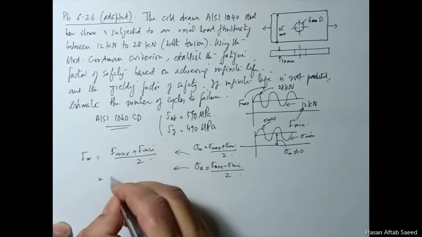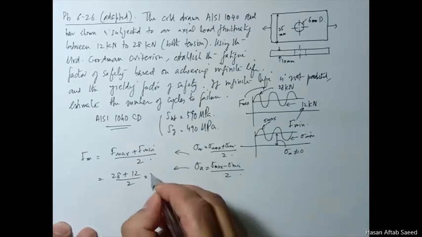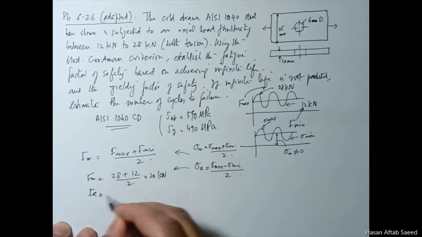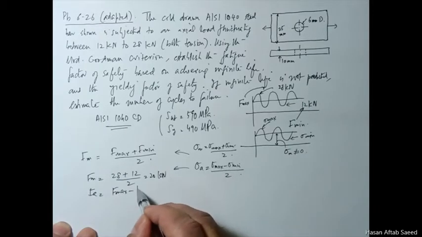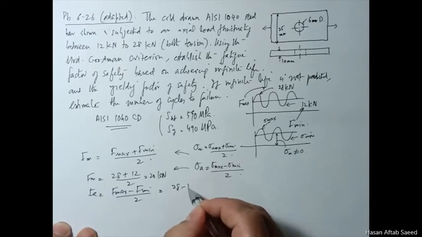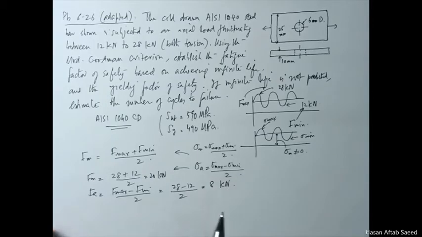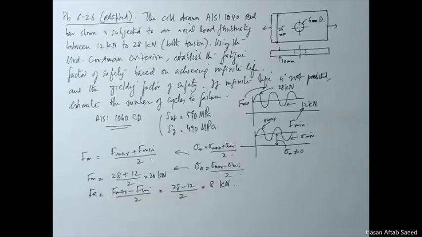Fm turns out to be 28 plus 12 over 2, which is equal to 20 kilonewton, and similarly Fa is F max minus F min over 2, which is 28 minus 12 over 2, 16 over 2, 8 kilonewton. These are your Fm and Fa values.